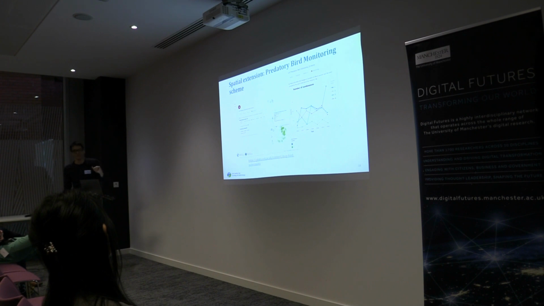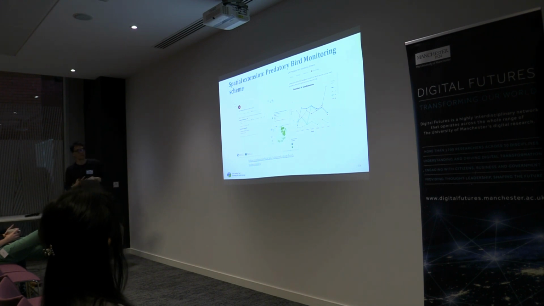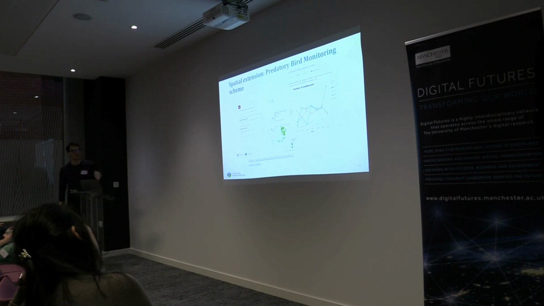I said a little bit about extending this to a spatial example. So this is an app we have developed for the predatory bird monitoring scheme. We receive bird samples from all across the UK. It's a citizen science project, and then we do biopsy on the birds to look at their chemical exposure levels. But we can use this state-taking concept as well.